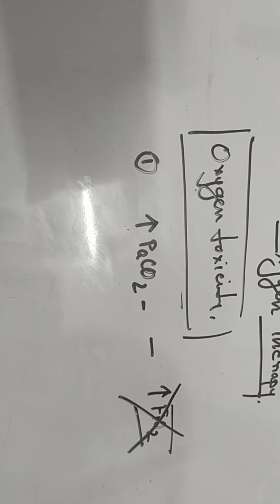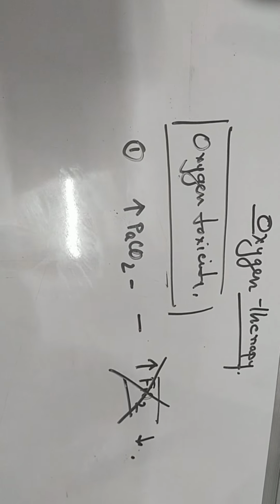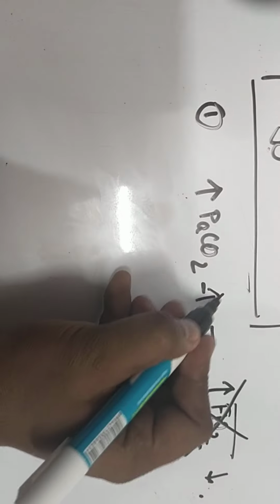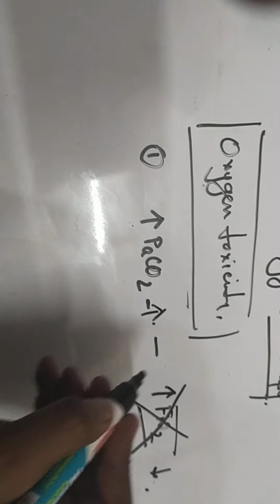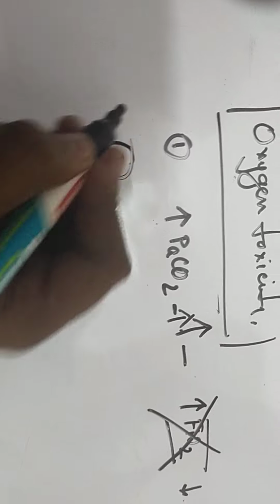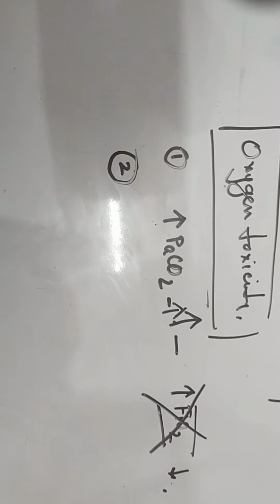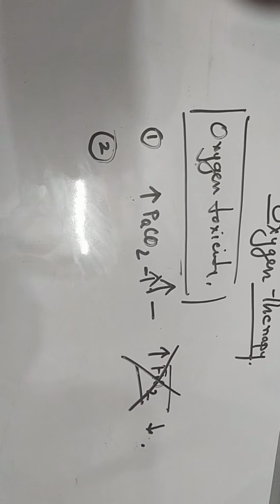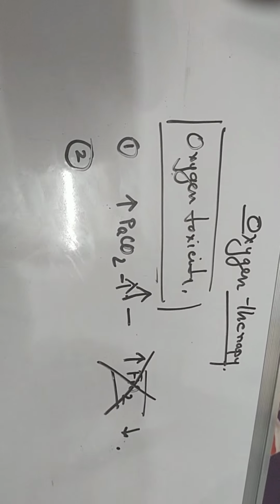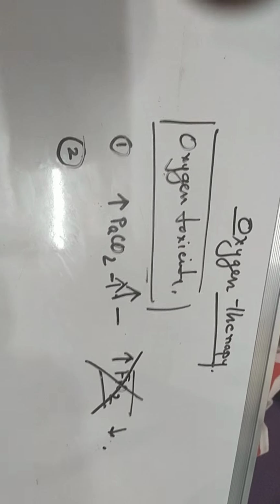You should keep FiO2 as low as possible, otherwise PaCO2 will increase. Secondly, if you give oxygen more than 4 to 5 days with 100%, patient will definitely have acute lung injury. PF ratio will definitely come down.